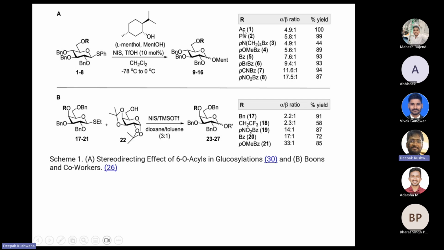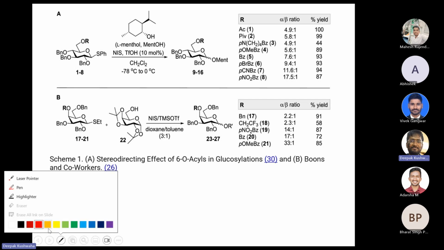They have used various protecting groups, starting from acetate to pivaloyl, and then paramethoxybenzoate and paranitrobenzoate. So basically they have taken just simple acetate, and then later various electron rich benzoate donors, and then at last they have used electron deficient benzoate donors.